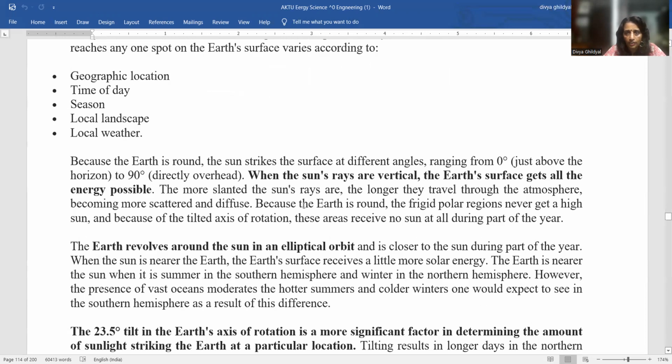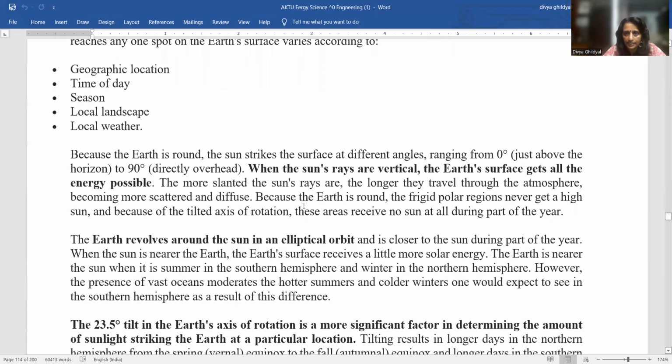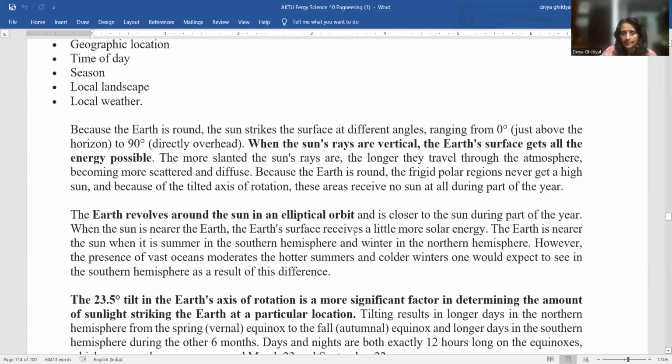In general, you should have a basic idea, like when the sun's rays are vertical, the Earth's surface is going to get all the possible energy. The moment they become slanted, the longer they travel through the atmosphere, they become scattered and diffused, and then you get less energy reaching the Earth.